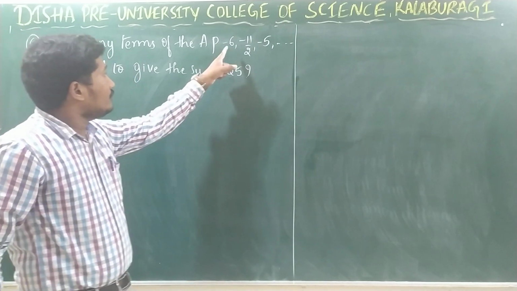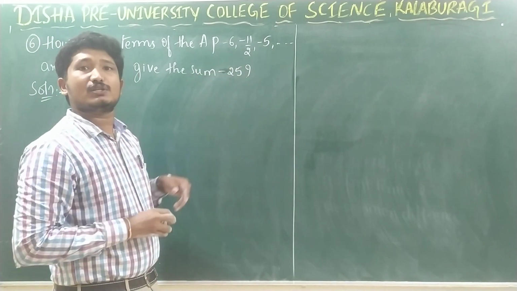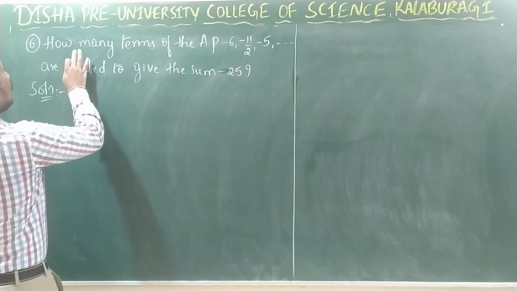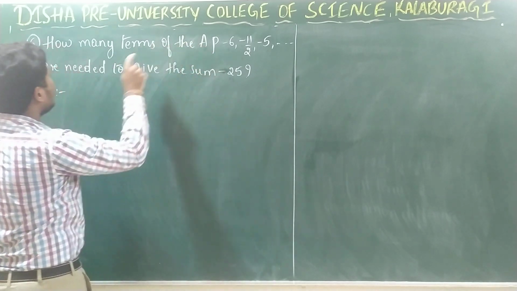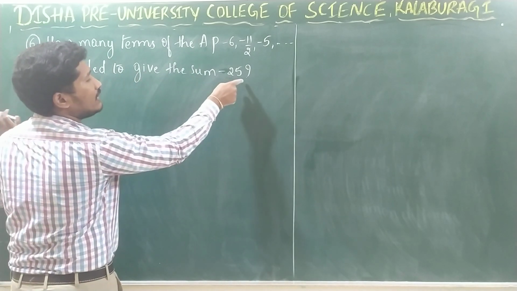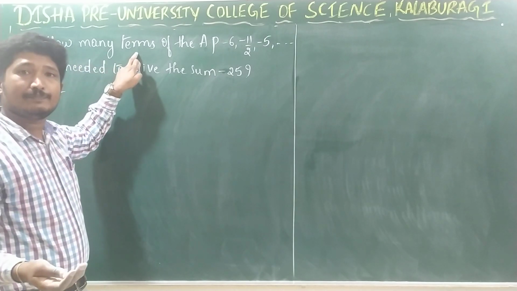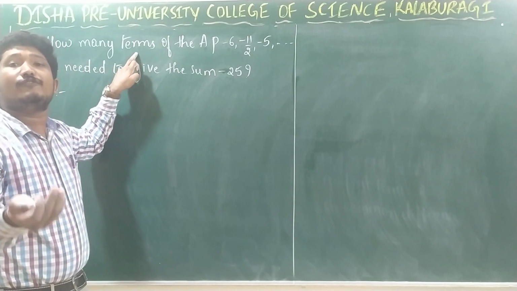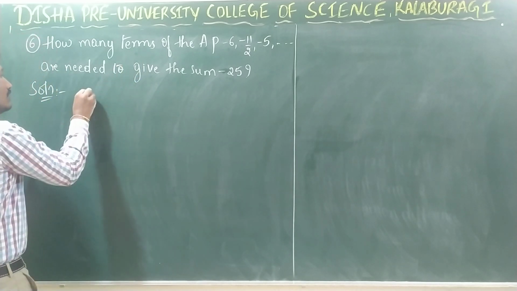What we are asked to find? How many terms of the arithmetic progression are needed to give the sum minus 25? How many terms in the sense what? How many number of terms? Number of terms is represented by what?